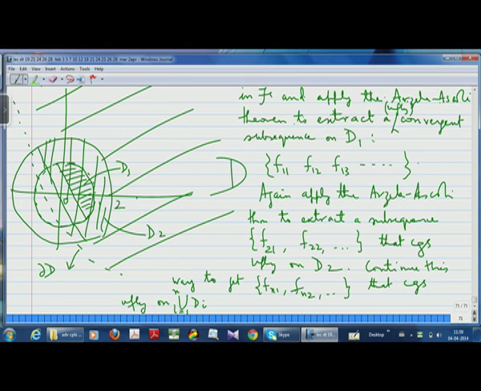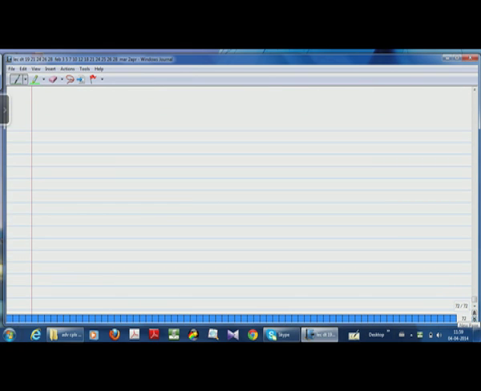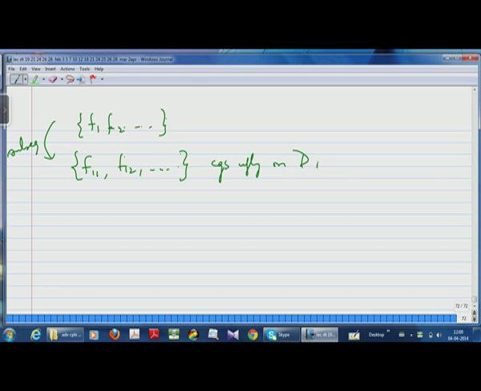And that is it. So we are in the following situation. You have this original sequence f1, f2 and so on, then you have this f11, f12 and so on. This is a subsequence, and the point is it converges uniformly on D1, and then you have f21, f22 and so on.